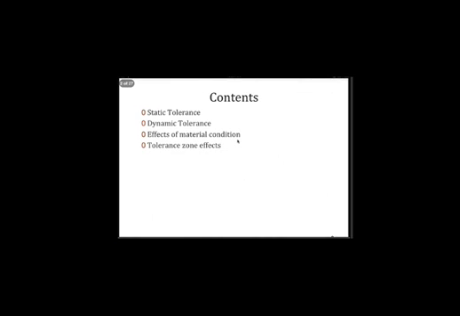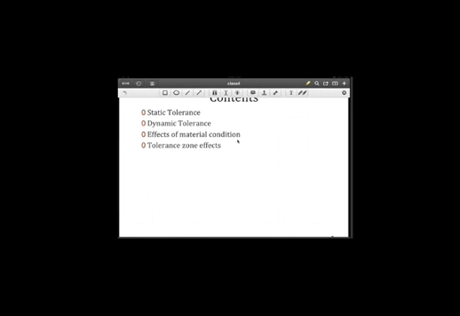The first concept that we'll look at is this notion of a static geometric tolerance. And obviously, by using the term static, we mean that there's no change in that specification. And that's versus this idea of a dynamic tolerance, which is sometimes referred to as a bonus tolerance.